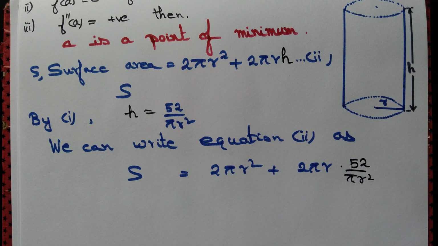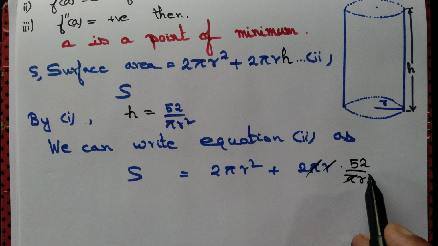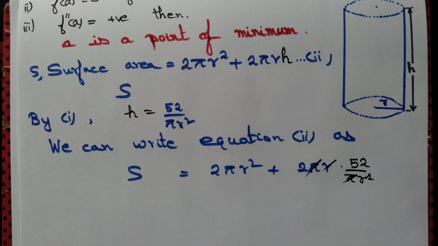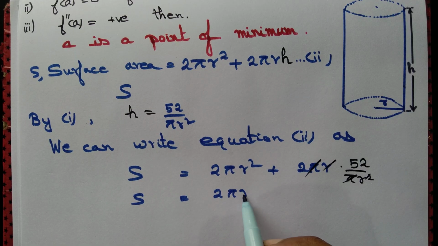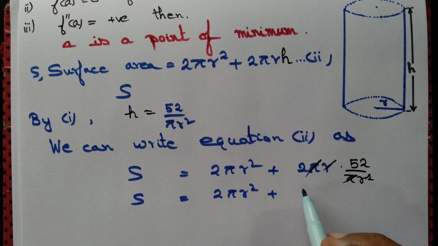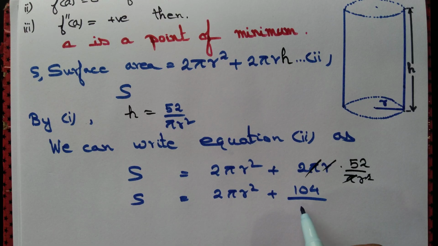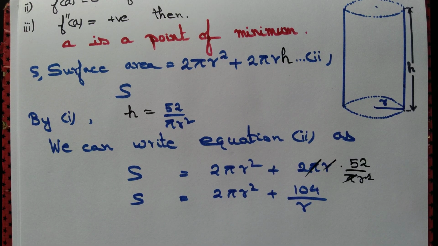We can cancel pi out, and we can cancel r as well. So S equals 2 pi r square plus 104 by r, that is a function of r.